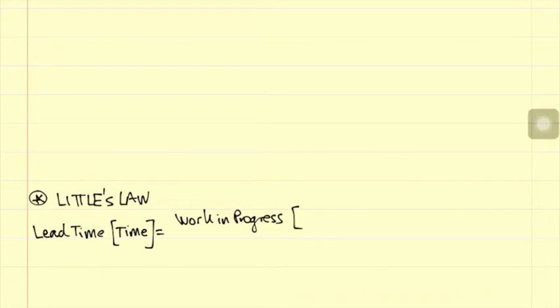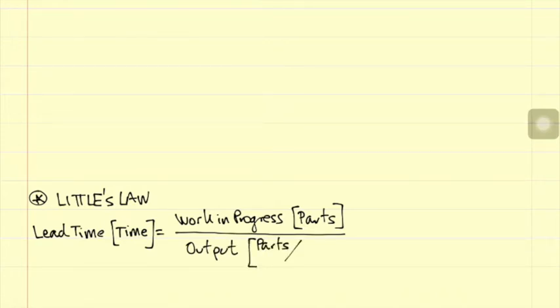Lead time, measured in time, equals the work in progress, or WIP, measured in parts, divided by the output of the process, measured in parts or units per time unit.